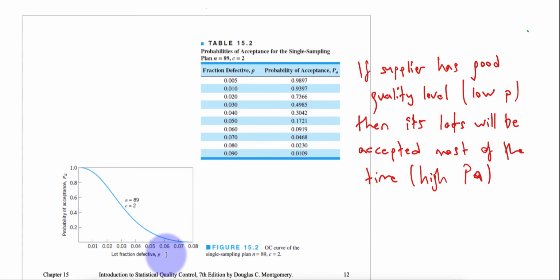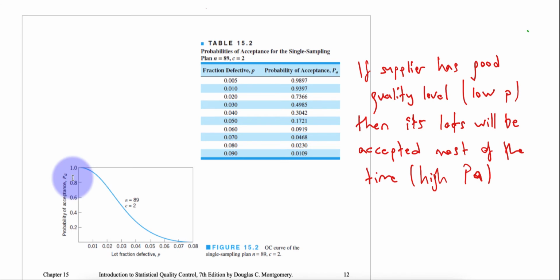For example, when you take a sample size of 89, and if your reference value is 2 here, okay, and when you use this sampling plan for 100 lots, and you know the average lot fraction defective in these lots, you can calculate the probability of acceptance of these lots, all right?